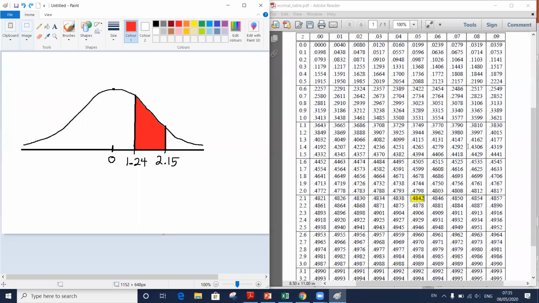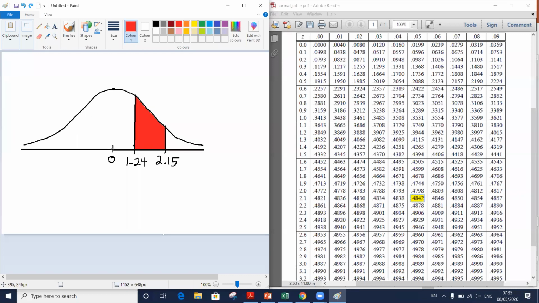Another thing you need to keep in mind is that these Z values are represented from 0. The area comes from point 0 up to the given point. So if we find the point 2.15 from the Z table, we got 0.4842.